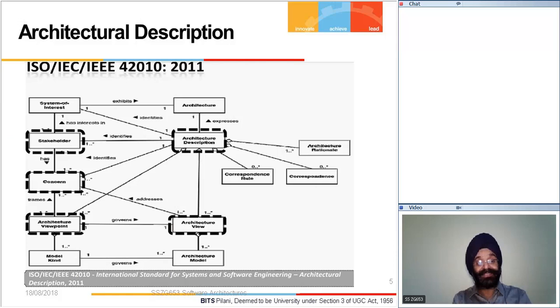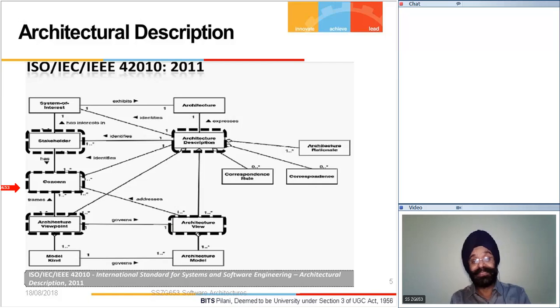So stakeholders have an interest in the system, and because of their interest, they have certain concerns. The maintenance people would like to make sure that the system can be maintained with a minimum of downtime. The developers may be interested that the system should not become too complicated to develop.